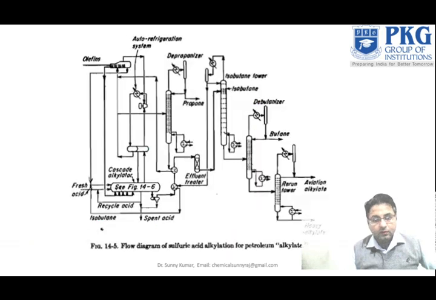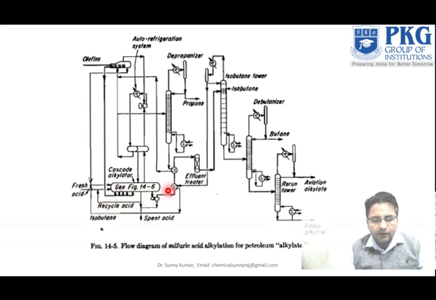Okay, so this is the flow sheet for the sulfuric acid alkylation for petroleum alkylate. If you will see here, this is the auto refrigeration system, and this is a storage tank where we will feed the olefins, and this is a cascade alkylator system, where fresh acid we will directly send, and some recycle we can also send.